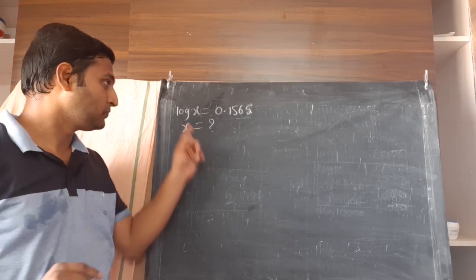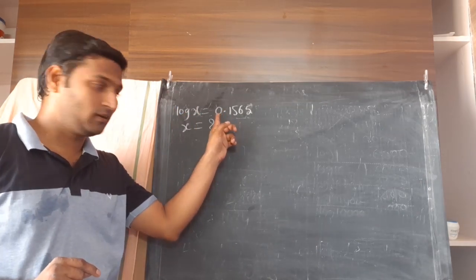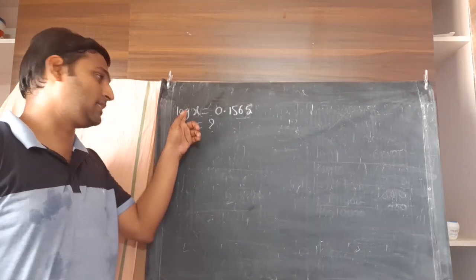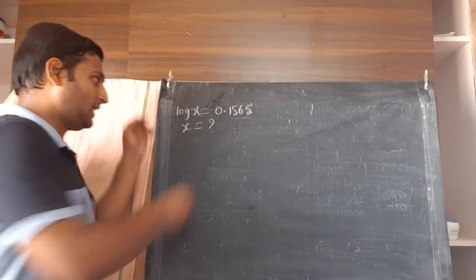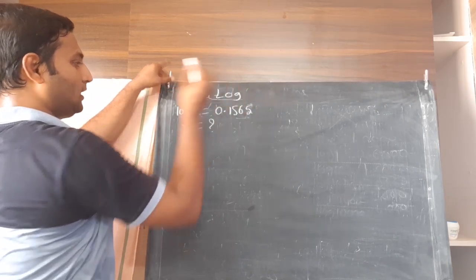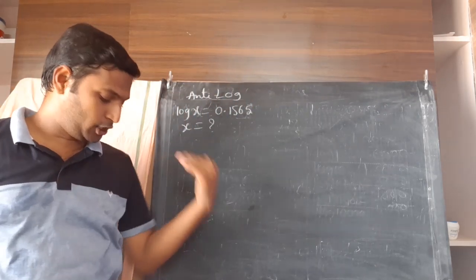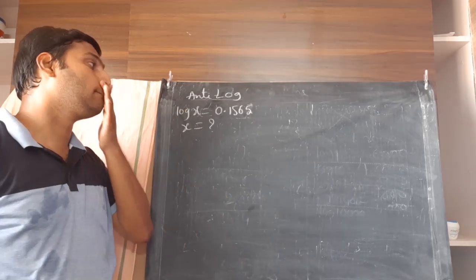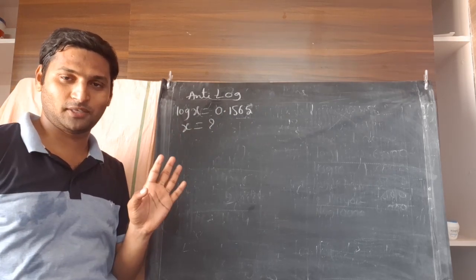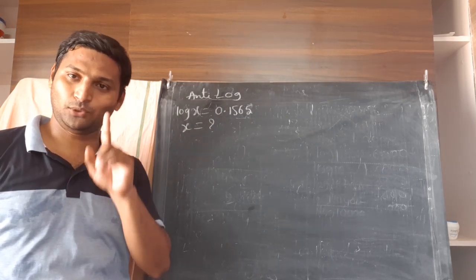As I told you, if log of x is known, then x is what? If the question comes, then the anti-log tables come into the picture. So you have anti-log tables separately. I'll show you how to use it, but before that, log of x is known, x has to be found out. Now let me explain two things.